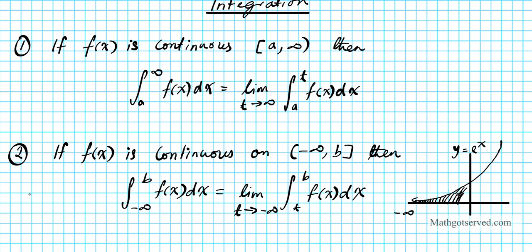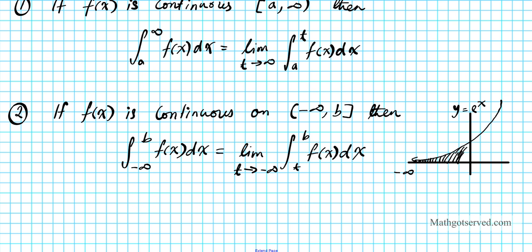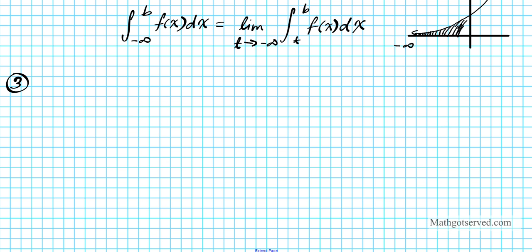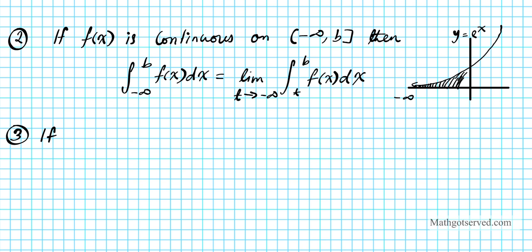Now, remember, an integral is improper if the upper limit, the lower limit, or both could be values that you cannot reach, but you can only approach. So that brings about case number 3, where both limits are infinite. In that case, f of x has to be continuous on the open interval negative infinity to infinity, so no breaks, or else we can't calculate the area.